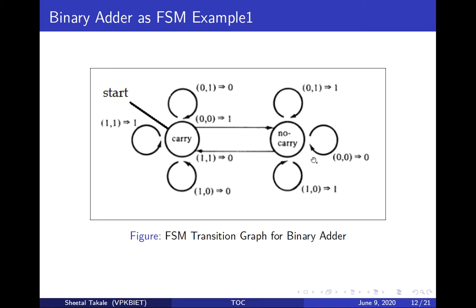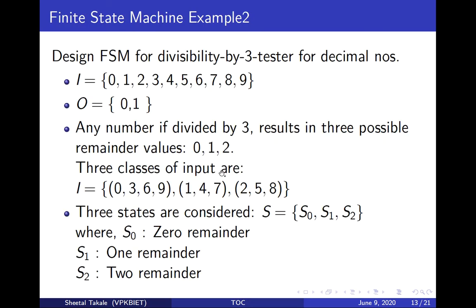We'll take this example, 1 plus 1 in the carry state: 1 plus 1 will result in 1 when it is in the carry state and it will remain in the same carry state. Here, if we consider no carry, 1 plus 1 is 0 and the result will be carry, so it goes to the carry state.